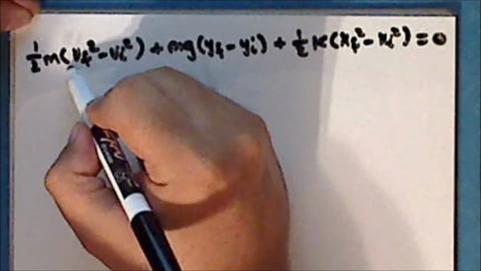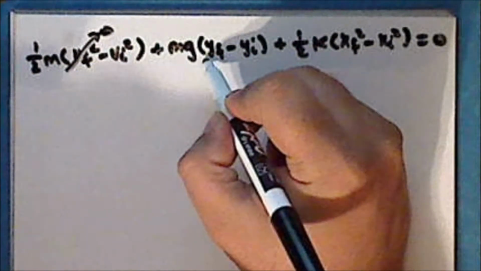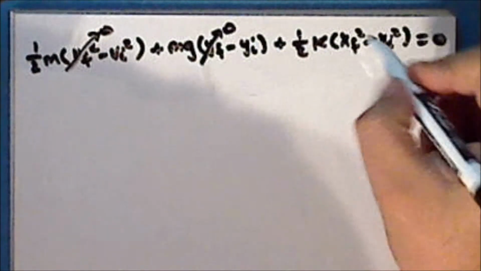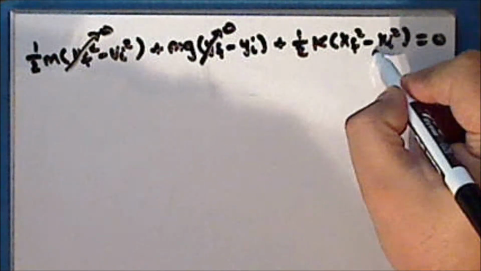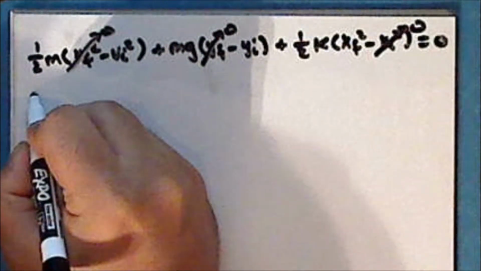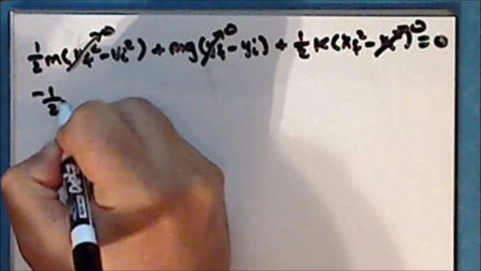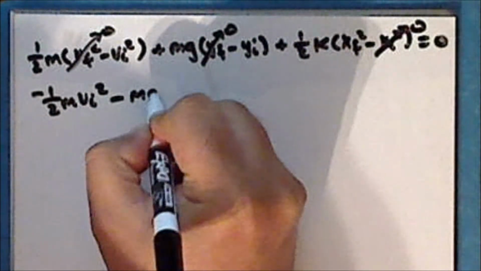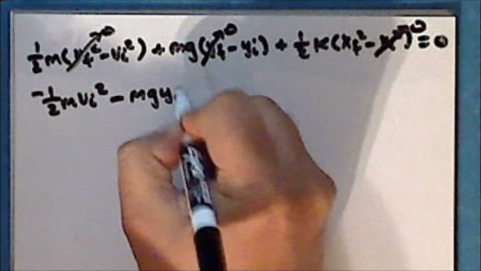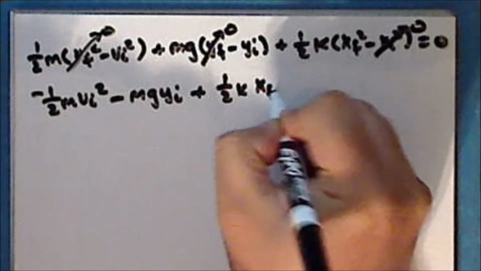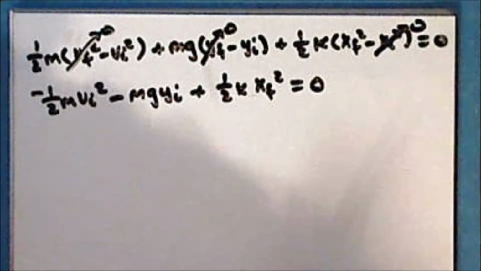Now in the final state, the block is at rest. We can choose our reference frame so that the final height is 0. And in the initial state, the spring is in its equilibrium position. And so we have the simplified equation, negative 1/2 the mass times the initial speed squared, minus the mass times the acceleration due to gravity times the initial height, plus 1/2 the spring constant times the final position squared is equal to 0.